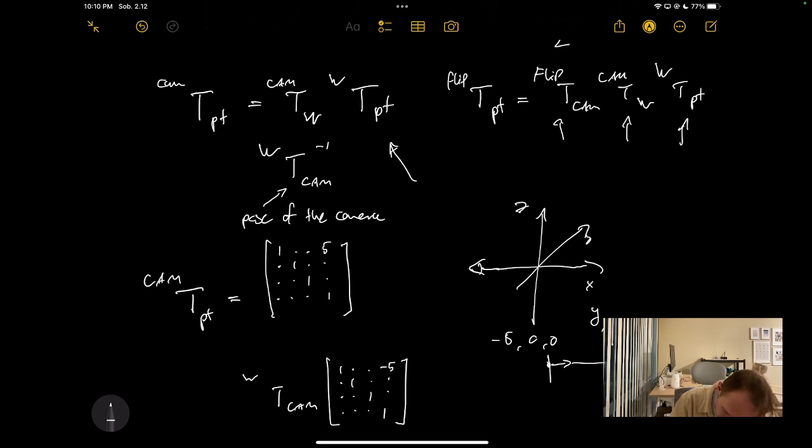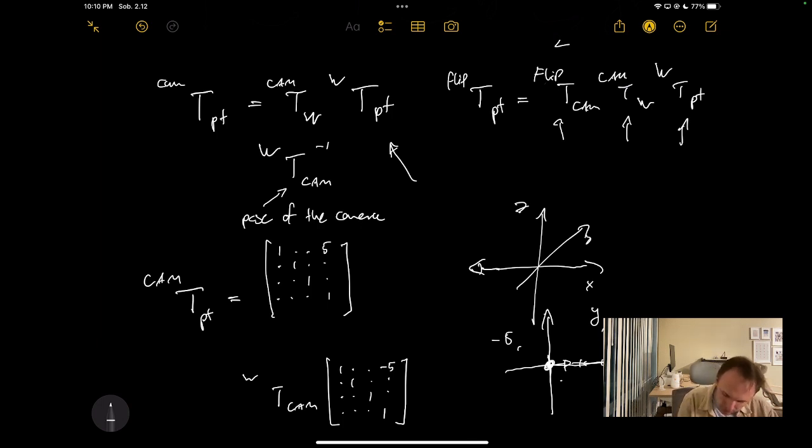If I just start drawing the coordinate system right over here, just for a second, then I will see that it's like 1, 2, 3, 4, 5 at x equals 5, and then y equals 0, z equals 0, right?